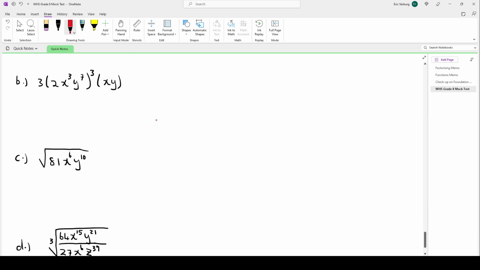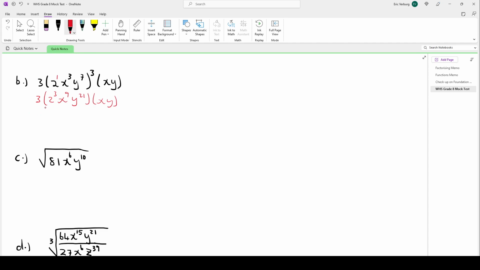Question B. Okay, so let's do this in a couple of steps. So I'm going to write 3. And then we're going to multiply the exponent with the exponents inside. So this 2 has an exponent of 1. So we get 2 to the power 3, x to the power 9, because 3 times 3 is 9, y to the power 21, because 3 times 7 is 21, and then times x and times y.